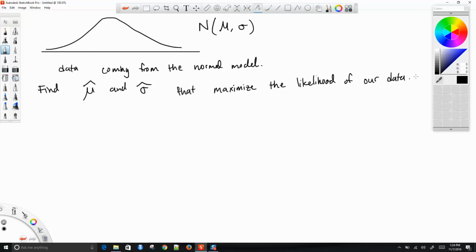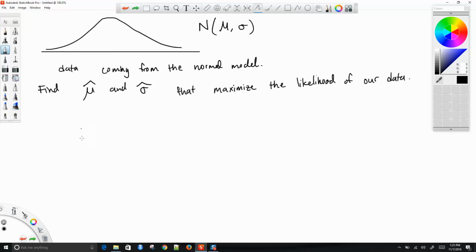So the normal model produces, you can look at the normal density, which is, I don't know, e to the whatever. It's kind of a mess, right? But in R, we have a function that gives us the normal density. So first of all, let me just talk about what our likelihood function is.